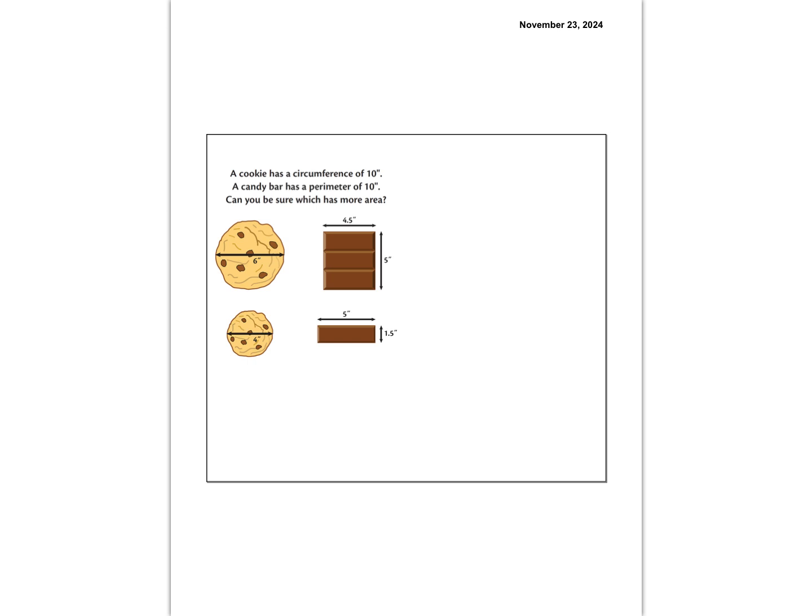So if we look at the 6 here of the cookie, let's go ahead and calculate that. We really just want part of that, which would be 3 inches. And the reason we want the 3 is because we need the radius. So if we go to that, that's going to be 3 inches. So then we would do pi r squared. So A equals pi r squared.